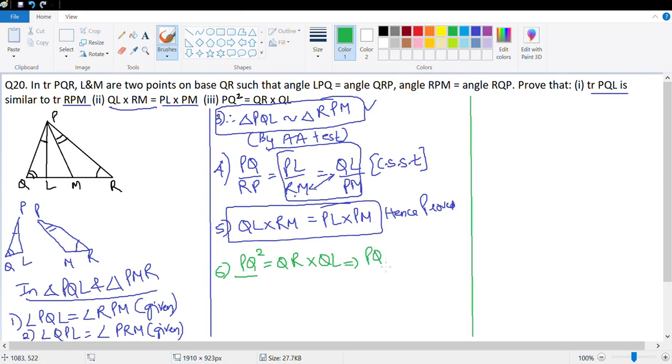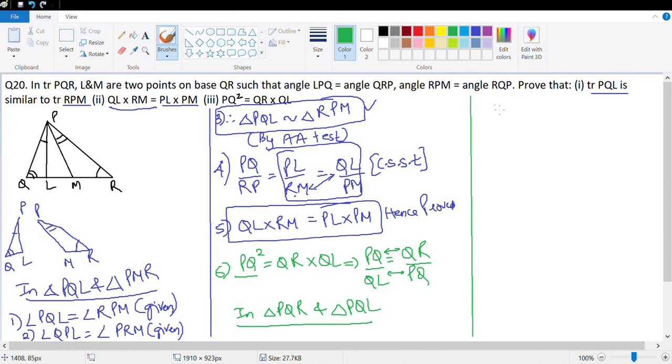In this case, let me put PQ here and take QL down. So if I take QL down, this becomes QR upon PQ. PQR, that's the big triangle, and PLQ, which is this small triangle. So let's try and prove these two triangles, triangle PQR and triangle PQL, similar. Let's see what we get.